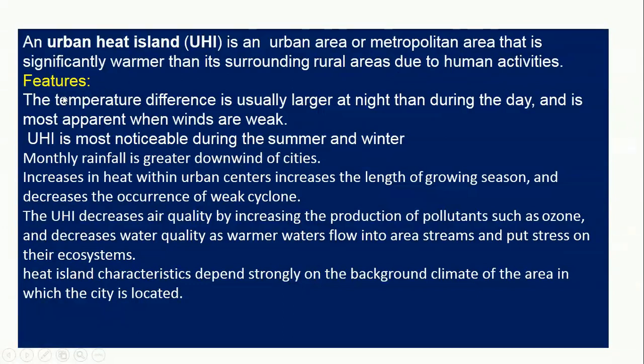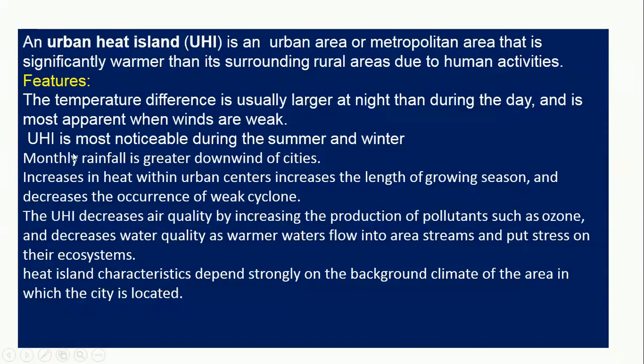The temperature difference, because the surrounding rural areas are comparatively cooler than the urban or city areas, and the temperature difference is larger at night than during the day and is most apparent when winds are weak. So it becomes a sink of high temperature.